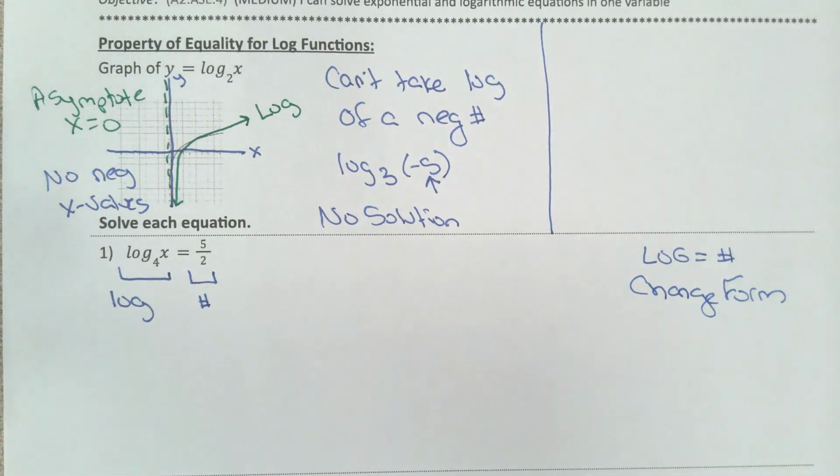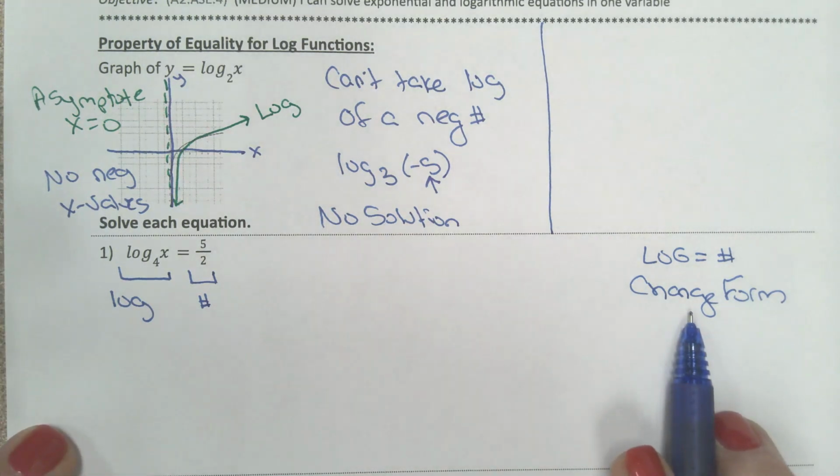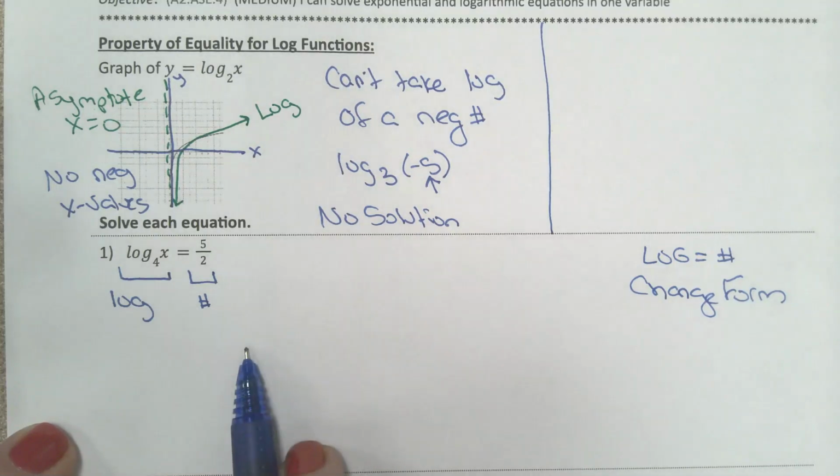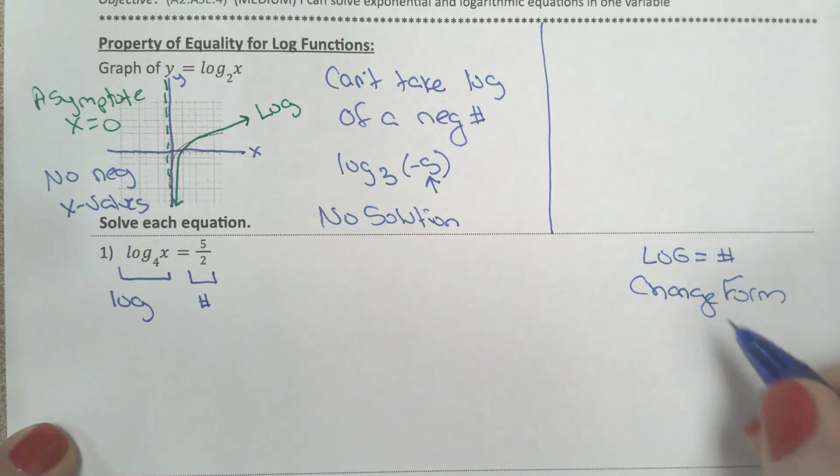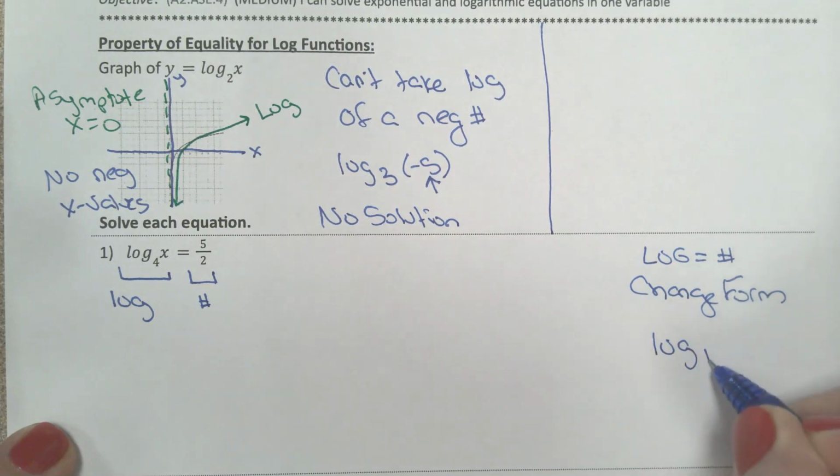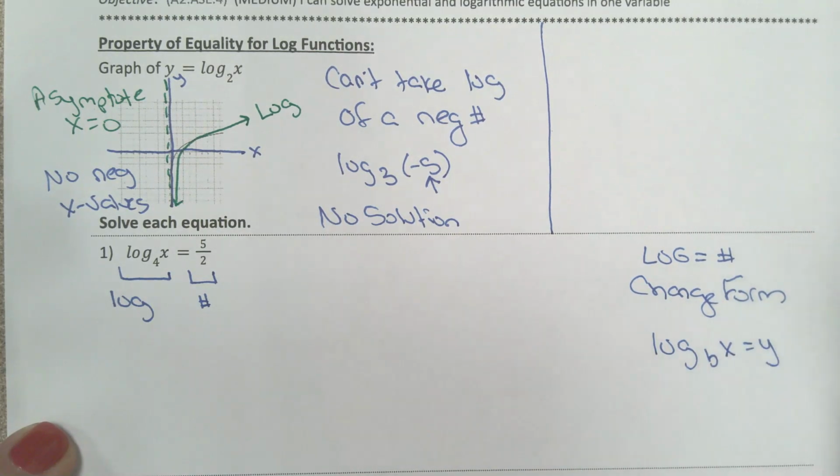So change form is what we just got done doing in the last section. If you look at your 9-2 notes, we learned how to go back and forth between log functions and exponential functions. So the log would read log base b of x equals y.